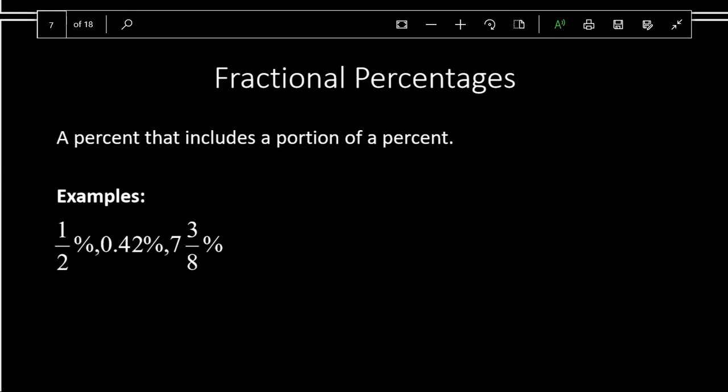So for example, if I gave you 1/2% or 0.5%, or 0.42%, you can actually show those in a hundreds grid by just using one single square.